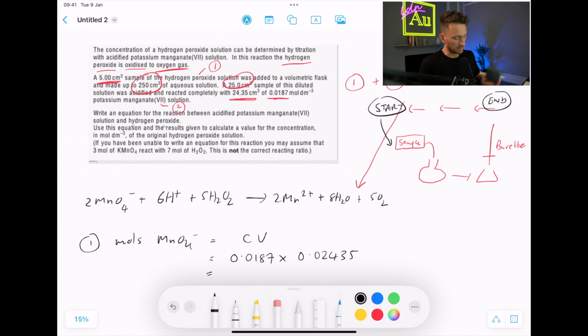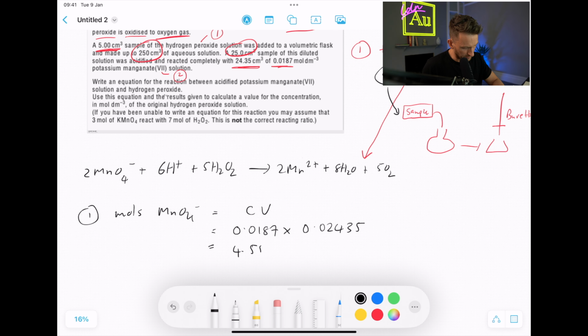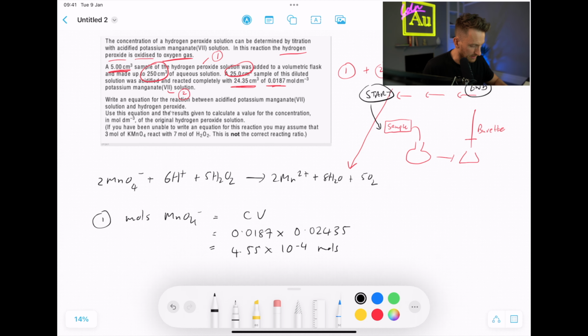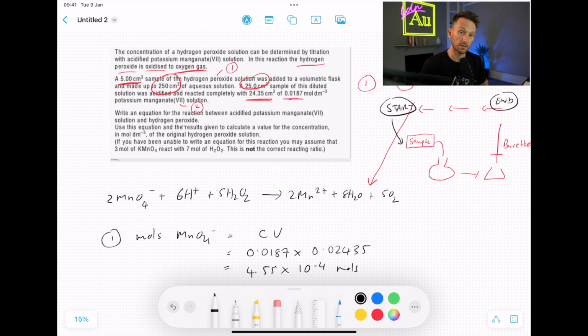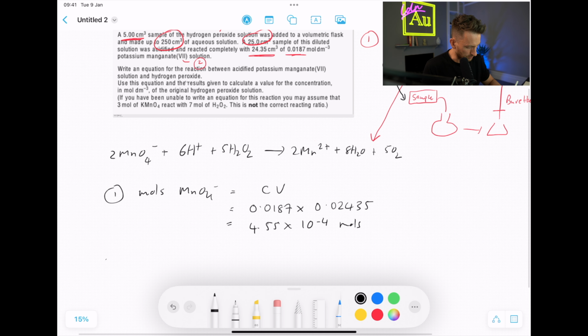Obviously you're going to need your calculator. So let's work this out. Gives us 4.55 times 10 to the -4 moles of the manganate. So that's the number of moles of manganate that is reacted in the burette with the peroxide.